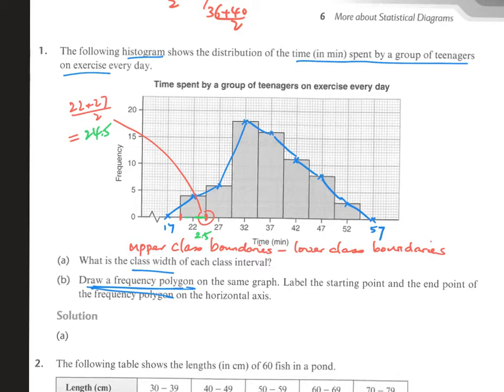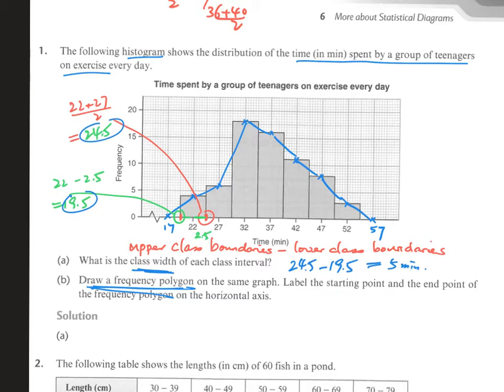So on the other side will also be 2.5, which means this point would be 22 minus 2.5, which is 19.5. As a result, these two values give us a class width, which is 24.5 minus 19.5, which is 5. Not 5 cm, it should be 5 minutes.